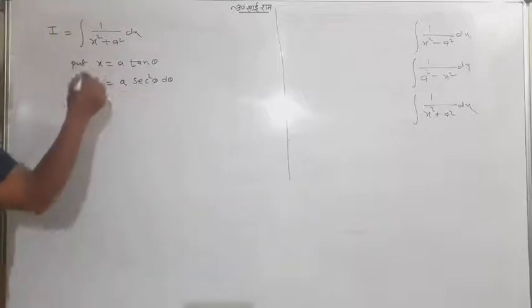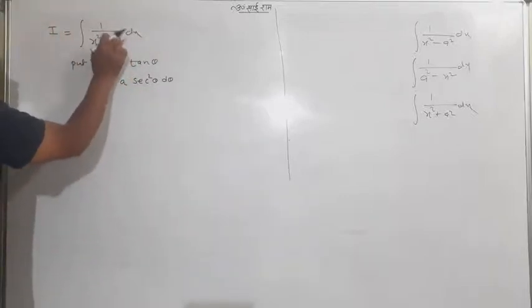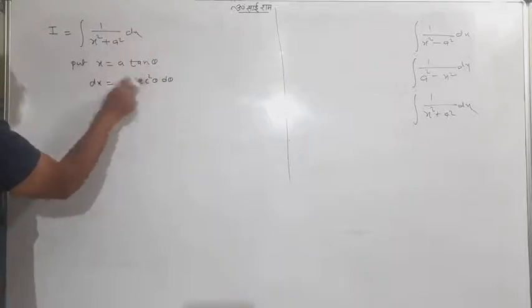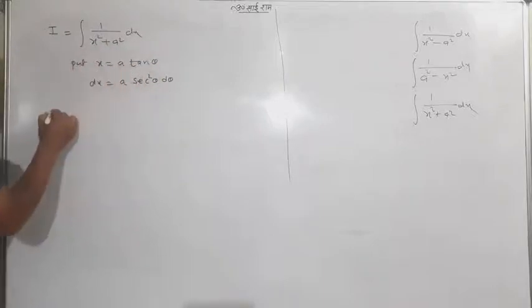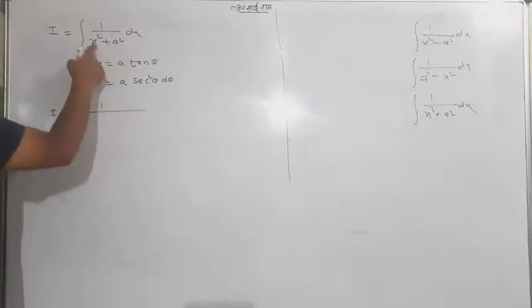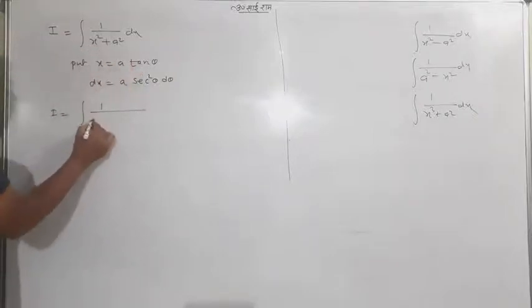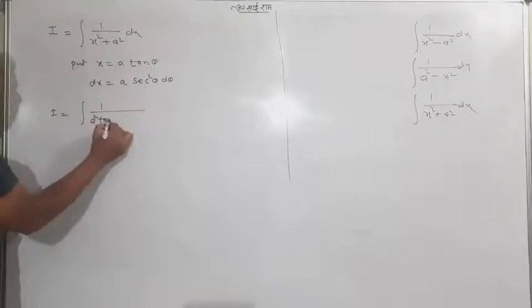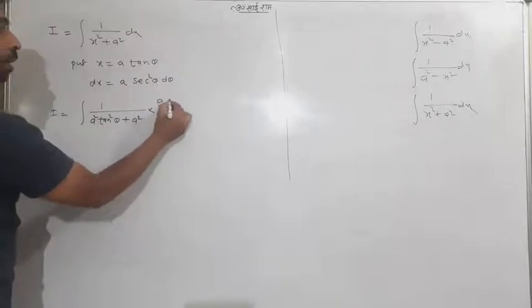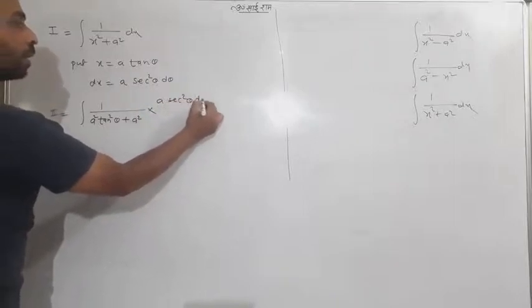Now, instead of dx, I will write a sec square theta d theta, and instead of x, I will write a tan theta. So what will come? 1 upon x square, meaning a square tan square theta, plus a square, and dx meaning a sec square theta d theta.